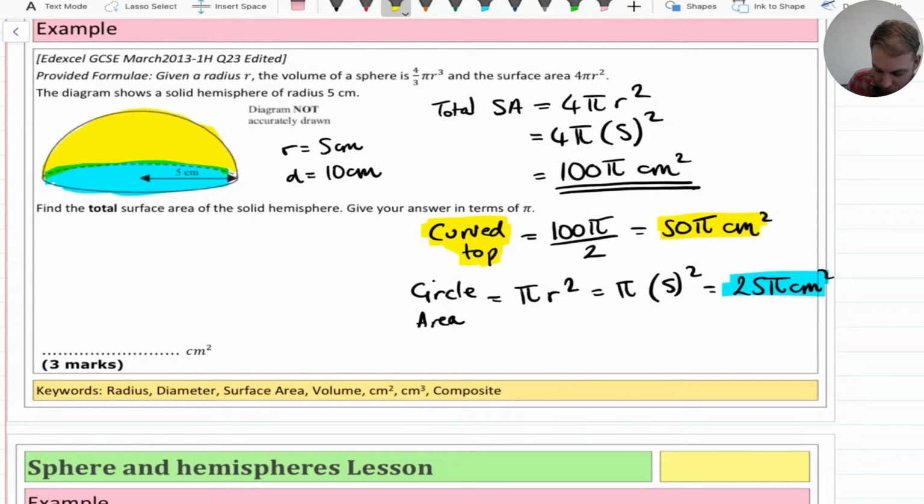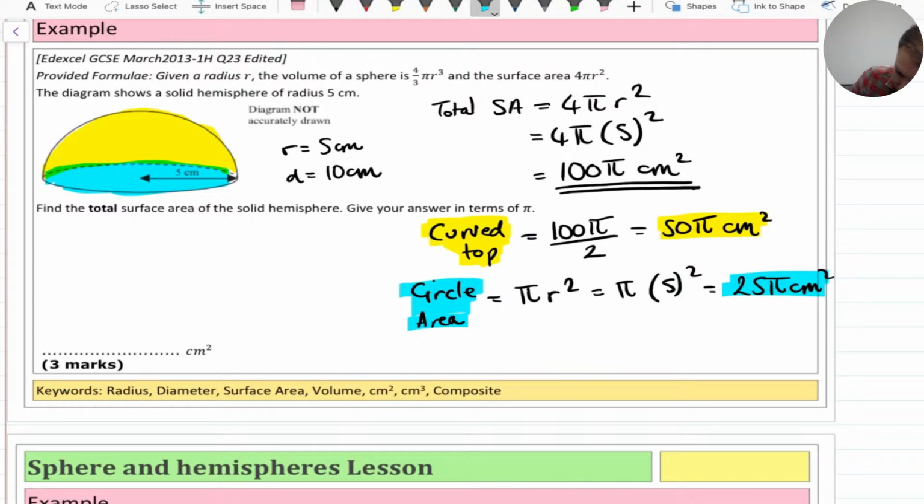So we've got the curved top, and we've got the area of the circle on the bottom. What we need to do is find the total surface area by adding these together.